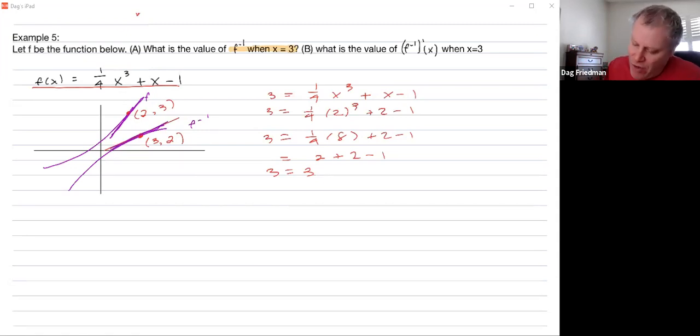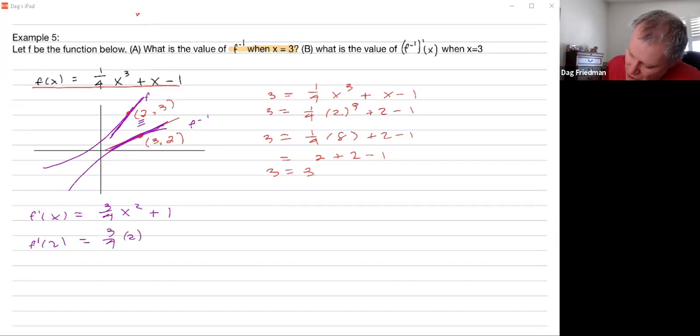First off, I'm going to take the derivative of f of x. So f prime of x equals 3/4 x squared plus 1. Then what am I going to evaluate it at? I'm going to evaluate it at 2. So f prime of 2 equals 3/4 times 2 squared plus 1. That's going to be, looks like it's 4, right?